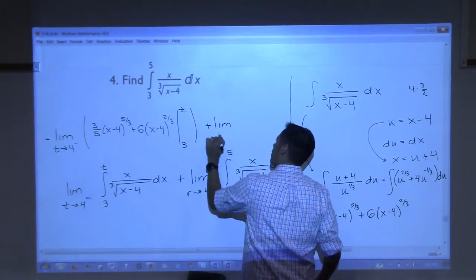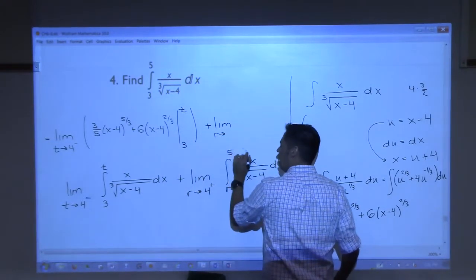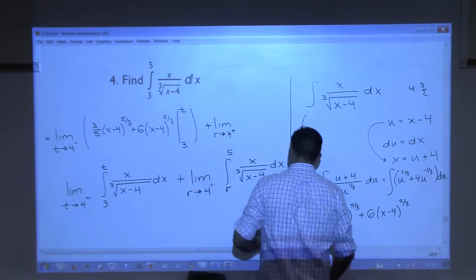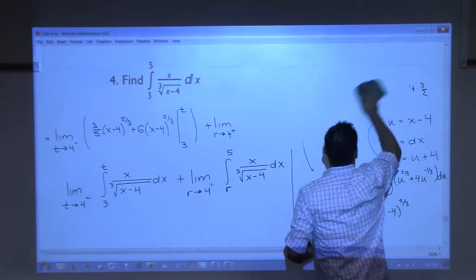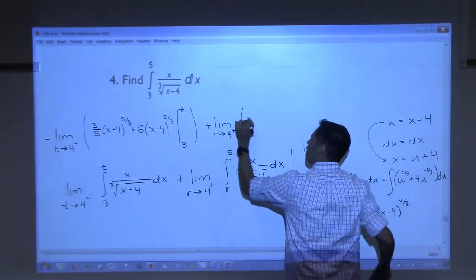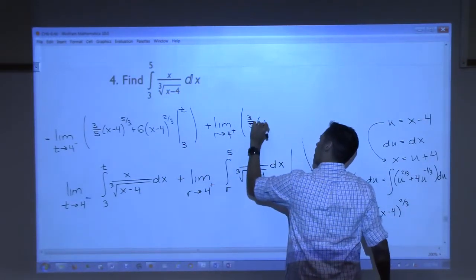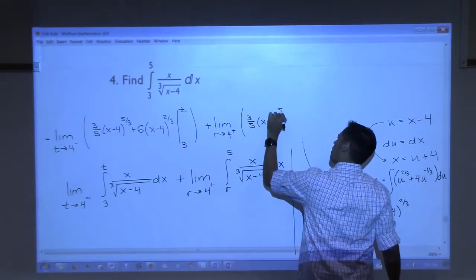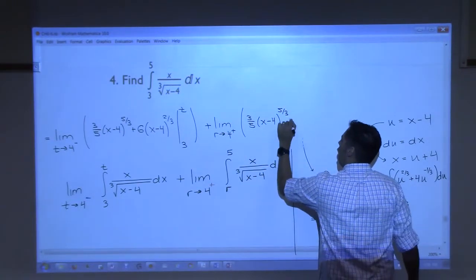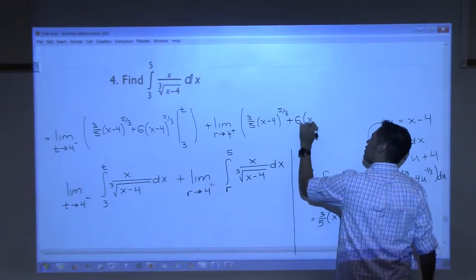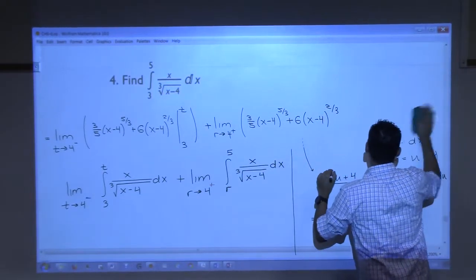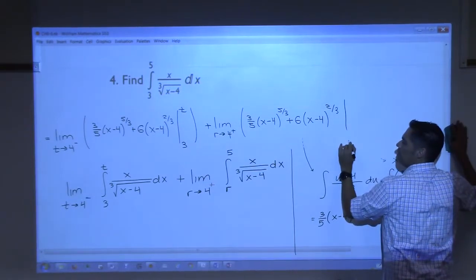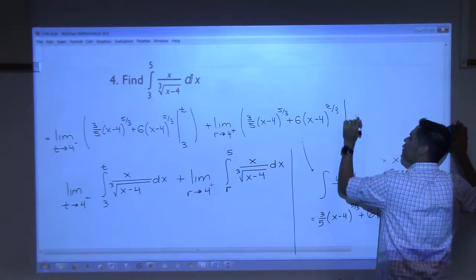This time r is going to go to 4 from the right. And then I'm going to have 3/5 times x minus 4 to the 5/3 plus 6 times x minus 4 to the 2/3. And then my evaluation bar is going to go from r to 5.